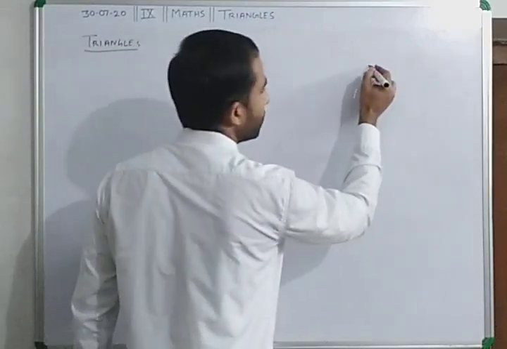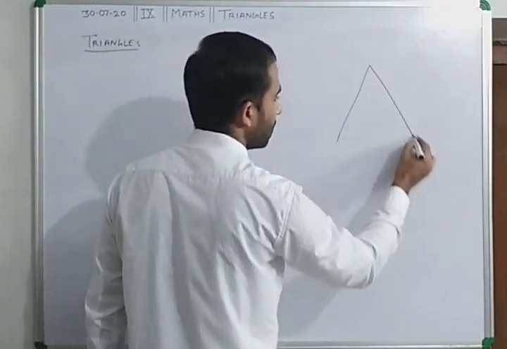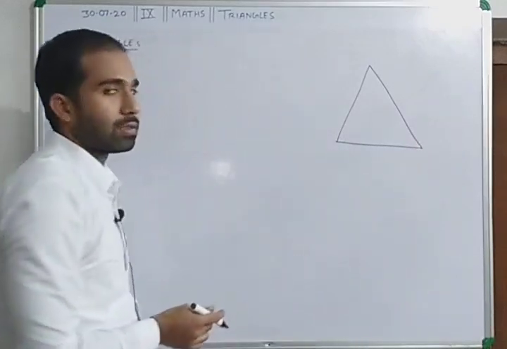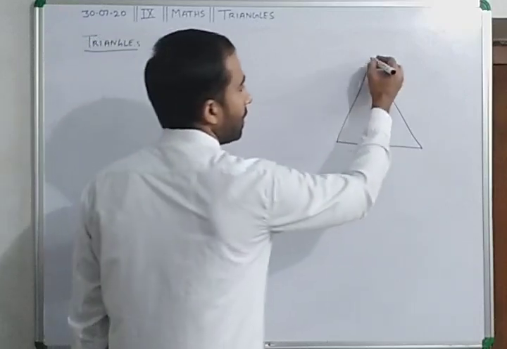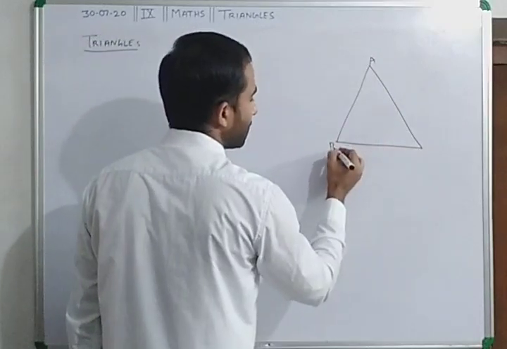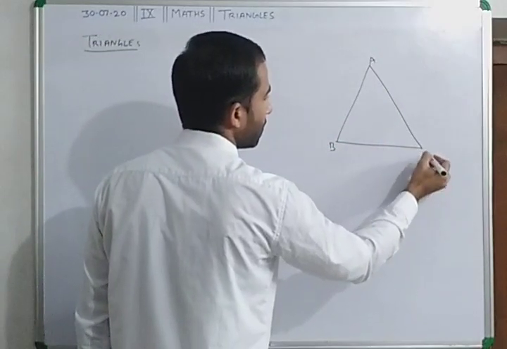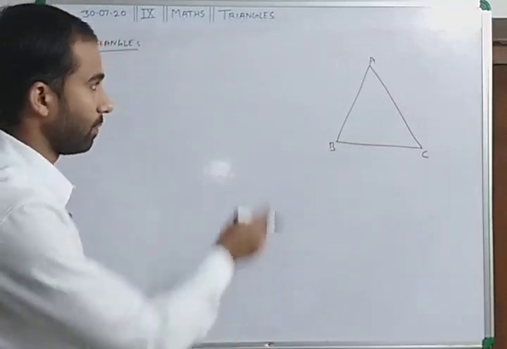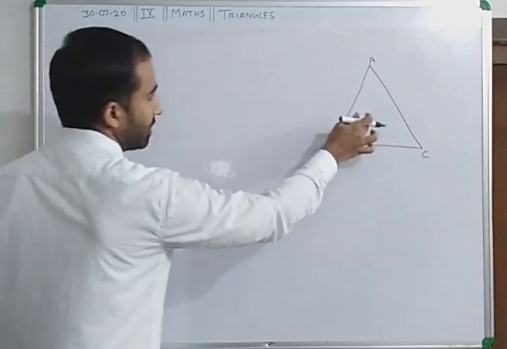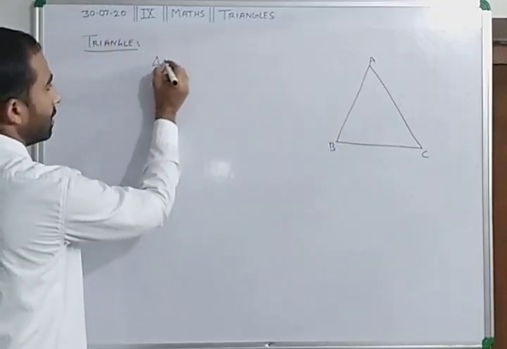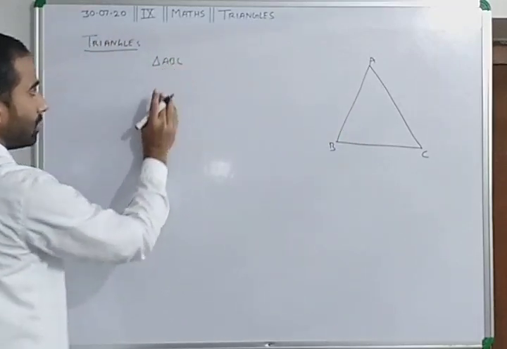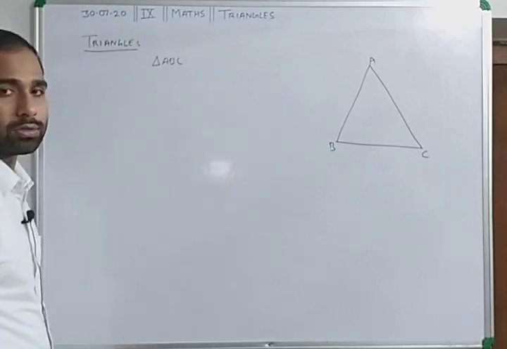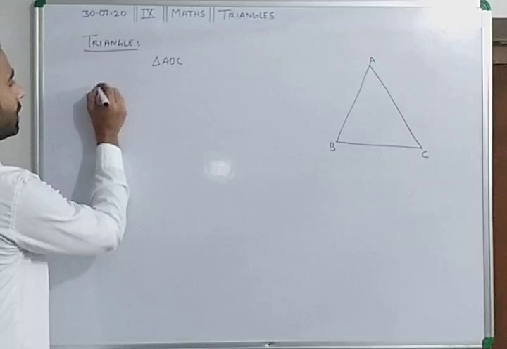When we observe the triangle carefully, we will get many things like vertices, sides and angles. If you consider this triangle ABC, you will get some parts of this triangle like vertices.